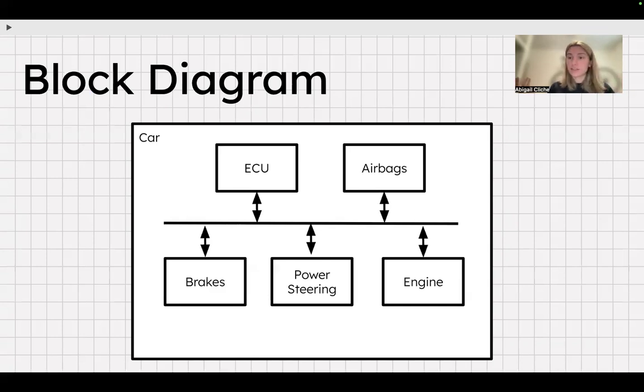So every block is essentially a system. In this example, I have the car here as the biggest block. And for those who aren't familiar with cars, a lot of them have something called a CAN bus, and it's just a specific kind of communications link between different parts of the car.